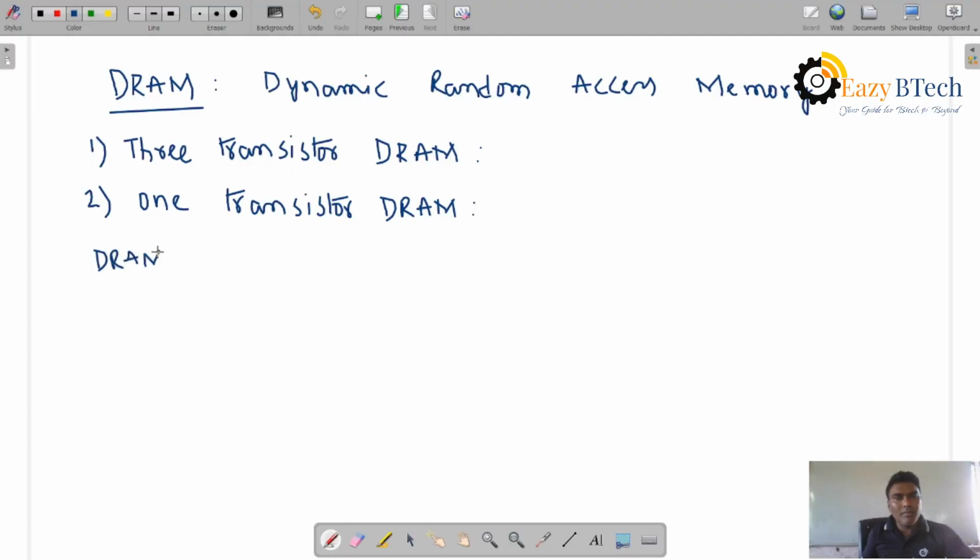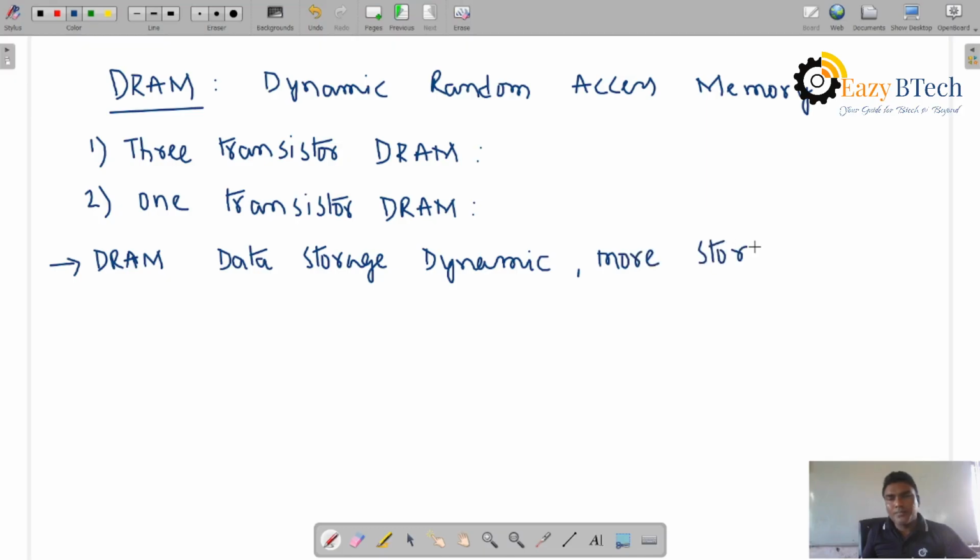Then we see the types of this 3 transistor DRAM, data storage dynamically. Okay, it is dynamic. It stores more data than SRAM, right?